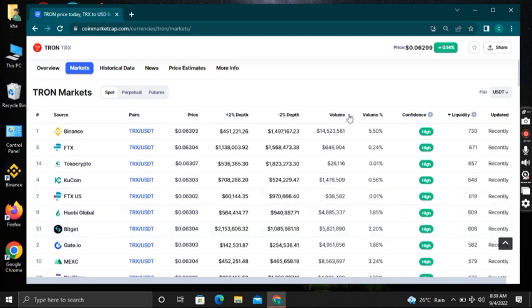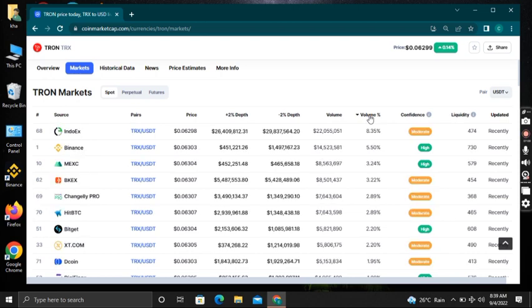Don't go there. Also on volume, if you sort according to volume and see 0.00% on any of these, please avoid that exchange. And on confidence, I always go with exchanges that have high confidence. Those are the exchanges I go with.